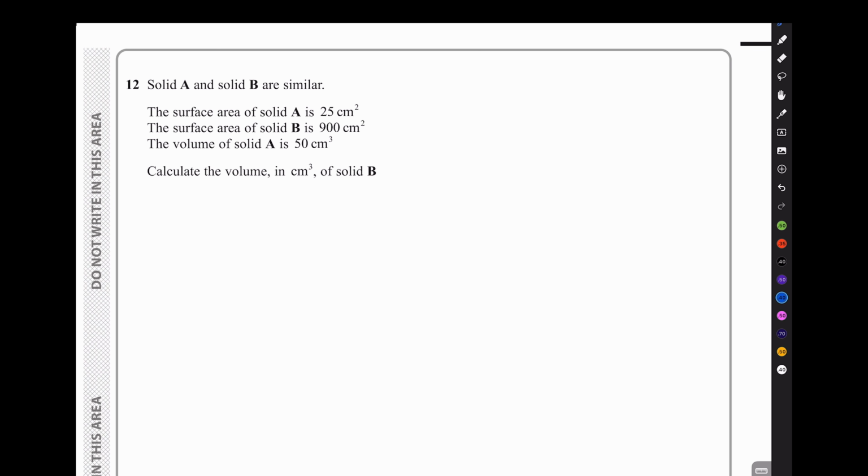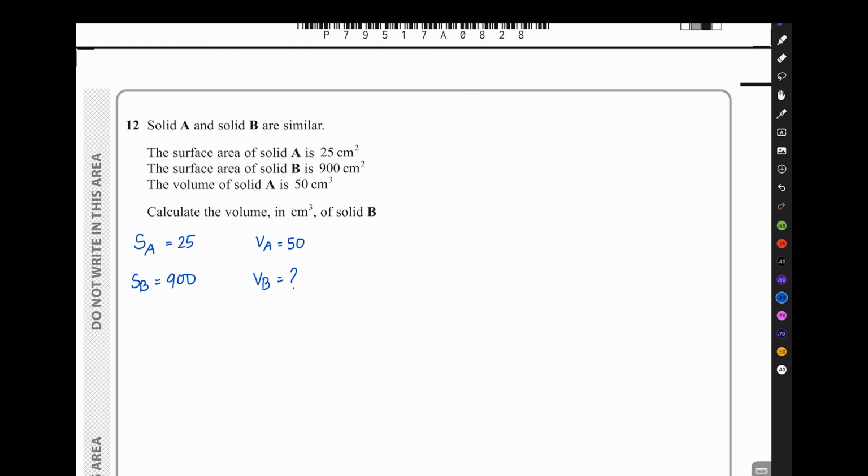Moving on. Two solids that are similar. We already know the surface area of solid A, which is 25, the surface area of B, which is 900, and the volume of A, which is 50, and we need to find the volume of B. As always, we should start from the basics.